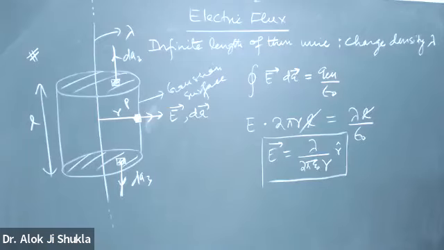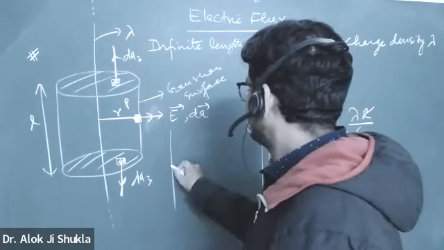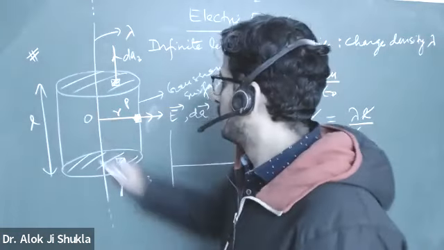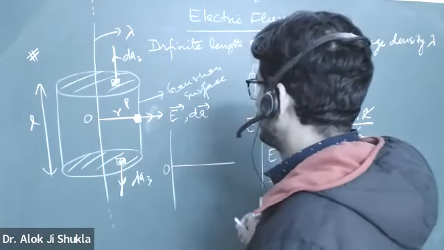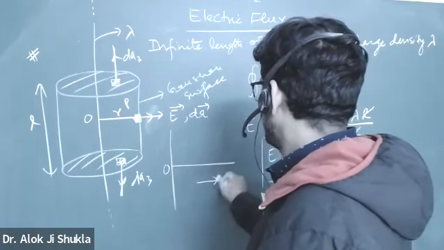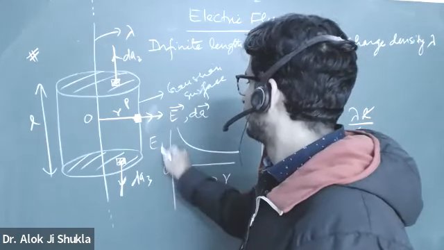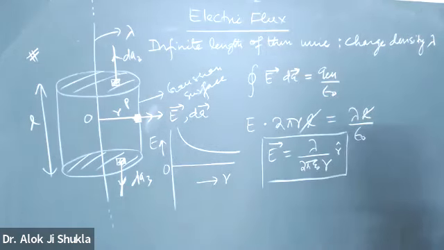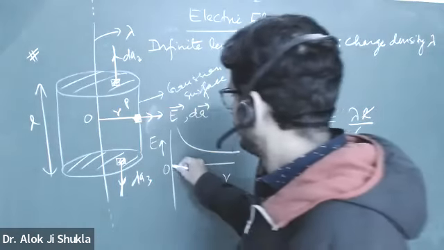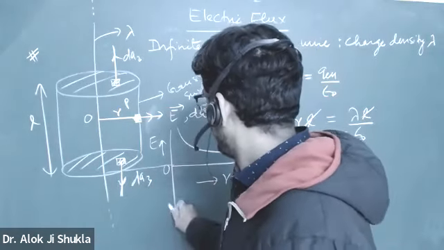सभी लोग देखो ध्यान से. Are you understanding? So that means if I plot a graph, suppose this is O, and this is distance r. So the field will go like this. This will be the direction of the field. And on the left-hand side, if you go, it will go like this.